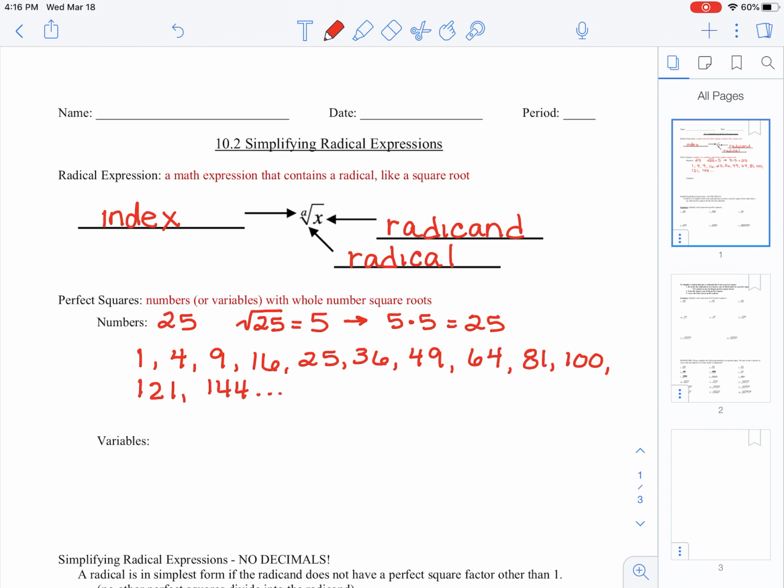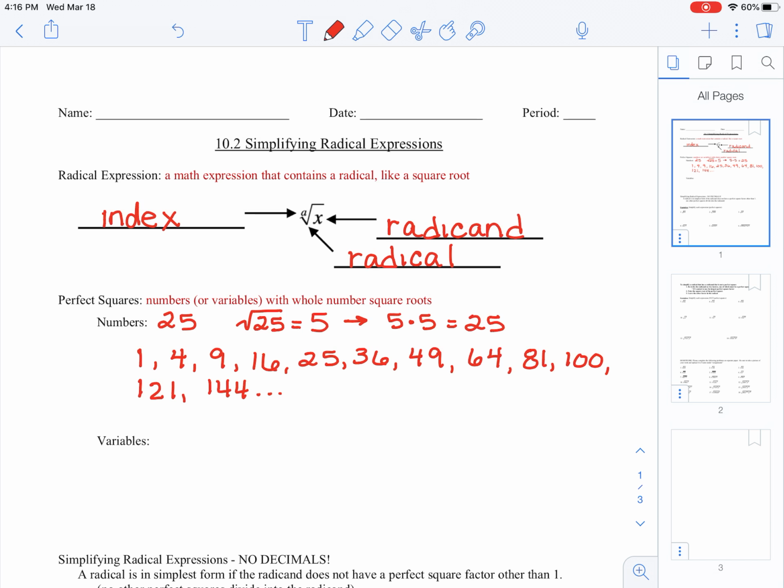That list of the first set of perfect squares, square root of 1 is of course 1. The square root of 4 is 2. The square root of 9 is 3. The square root of 16 is 4, and so on. So these perfect squares go in order.